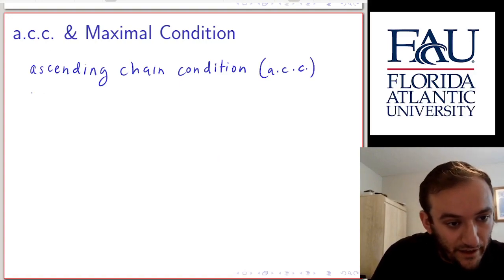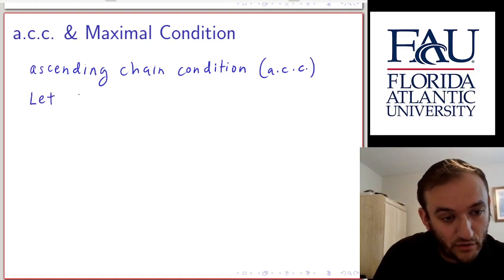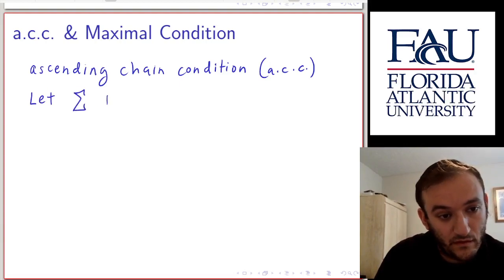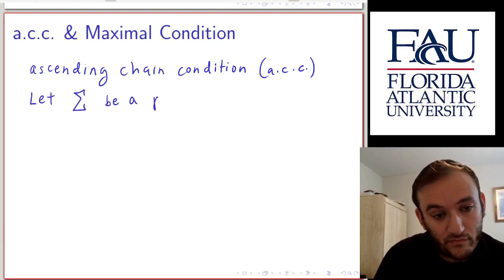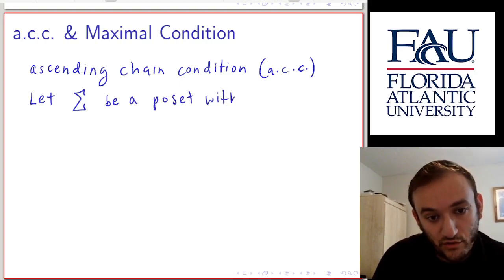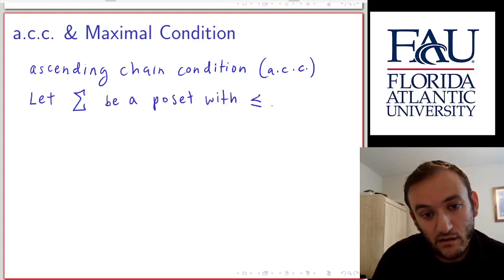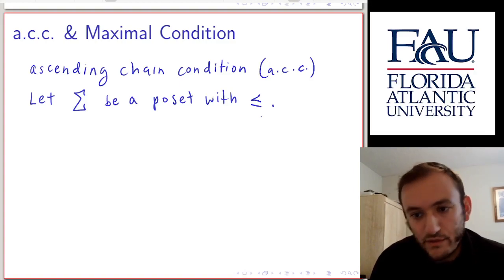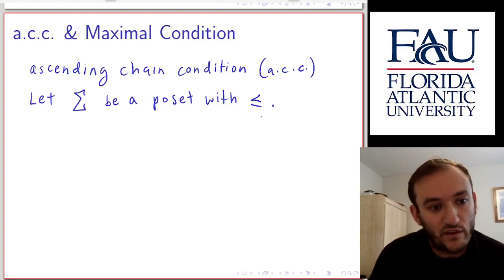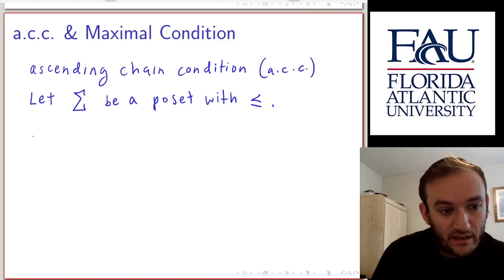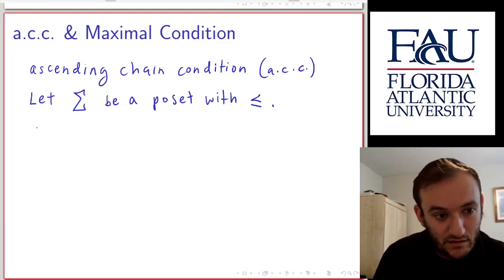If you have a poset, partially ordered set sigma, and our partial order is given by less than or equal to, and obviously whatever symbol is fine, then the ascending chain condition is as follows.